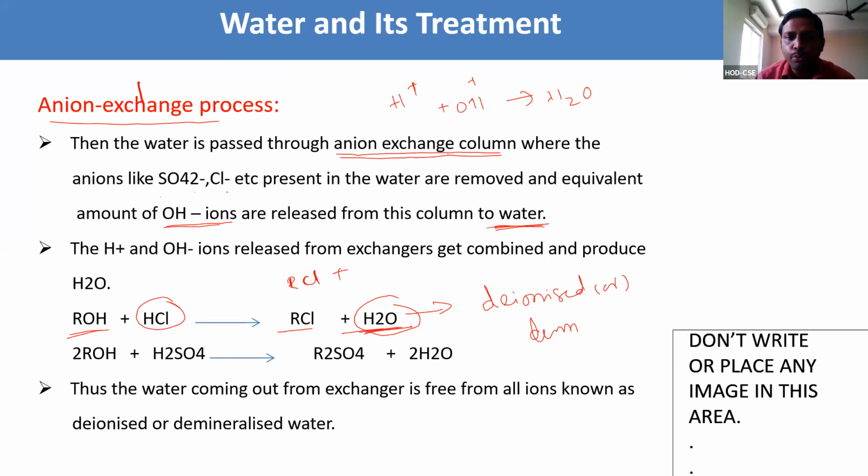This is the pure form of water. The water coming out from the exchanger is free from all ions present in it, so it is called deionized water or demineralized water.